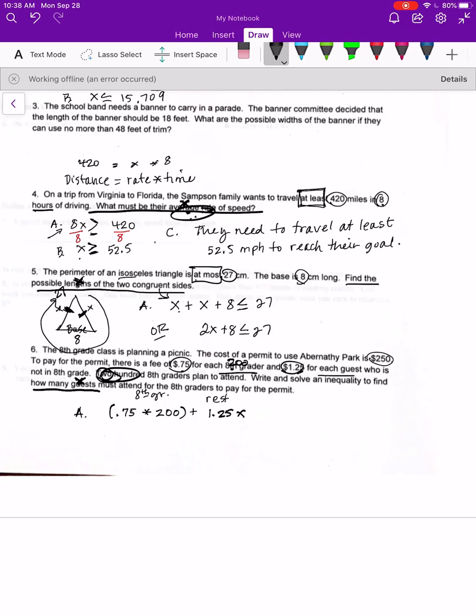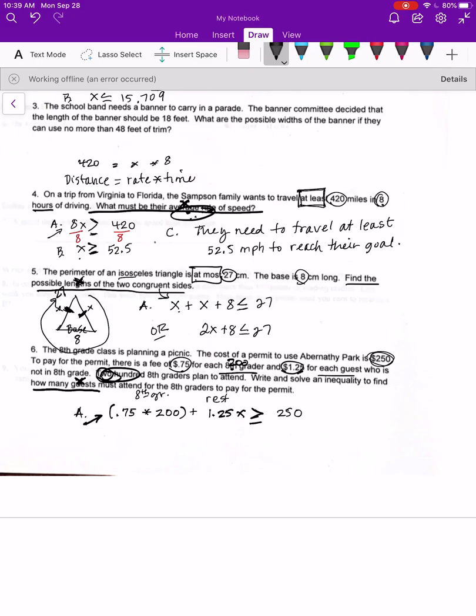Okay, and then they have to pay for the permit of $250. Now, again, you ask yourself, this side where the variable is at, is it going to be bigger than 250 or less than 250? Well, they want to make at least 250 to cover their costs. So that means this side has to be greater than. Could it be equal to? Yep, they want to make at least 250, so equal to. And there's the setup. You, of course, could then solve.